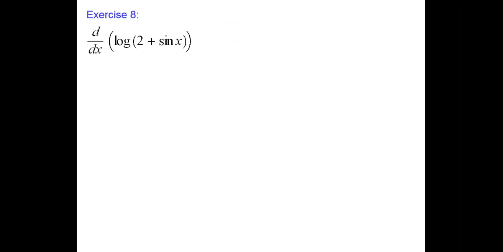Log, actually, I didn't type the base. Can you see? Do you possibly know, if it's written log and the base is not written, what the base is supposed to be? Yes, Jonathan, thank you. It's 10. Actually, I have to be careful, because some of the old textbooks will not put the 10.